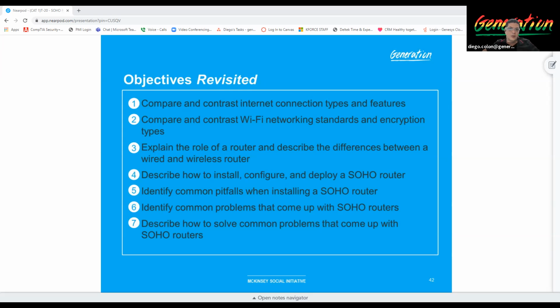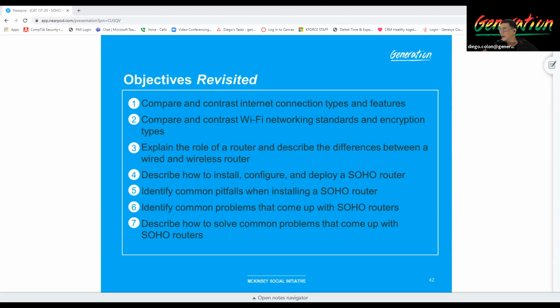So, who can tell me if a SOHO router, when you connect to it, can actually assign you an IP? Is that a true statement?